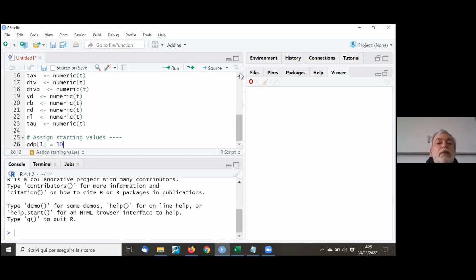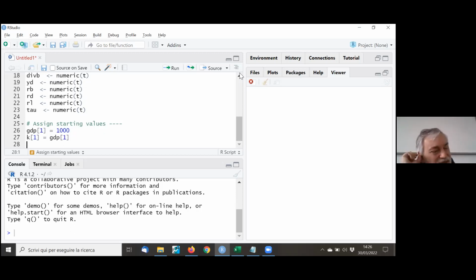We said 100 or 1,000. And then we follow the logic we adopted earlier. So K1 is equal to GDP1, right? Yeah.